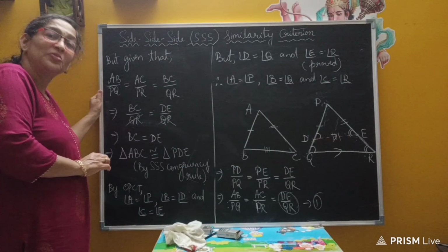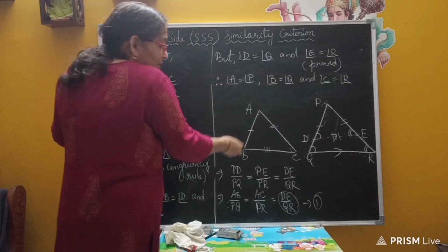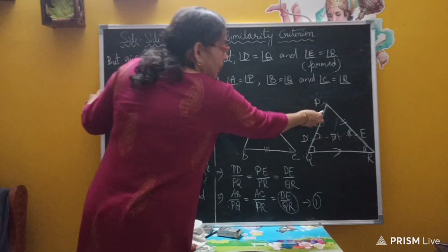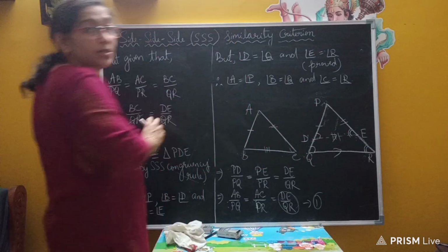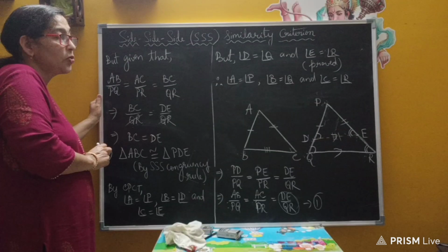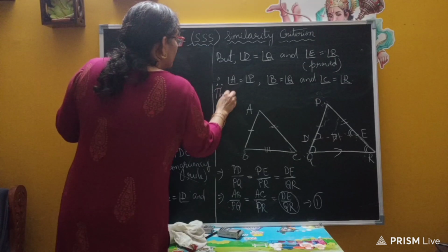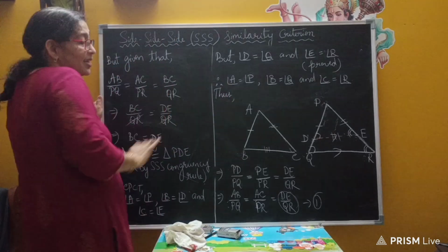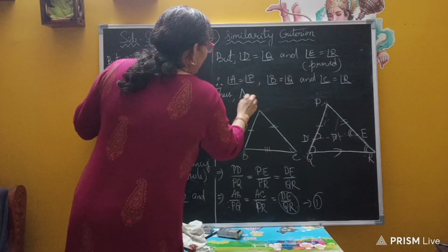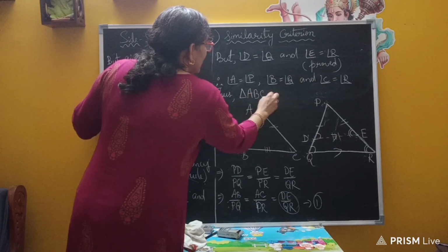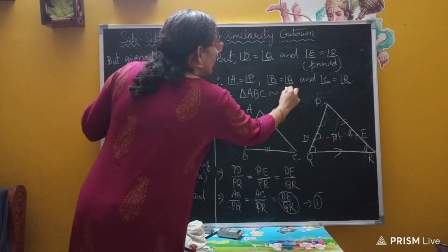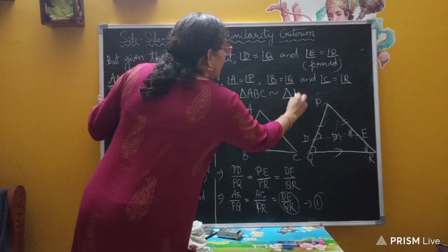So what do you say? We say the triangles ABC and PQR both are similar triangles. Thus, triangle ABC is similar to triangle PQR.